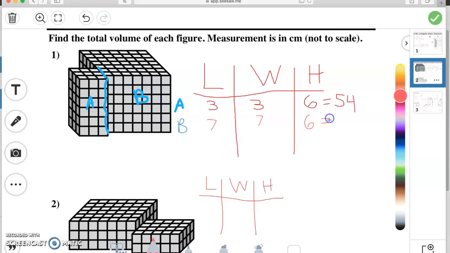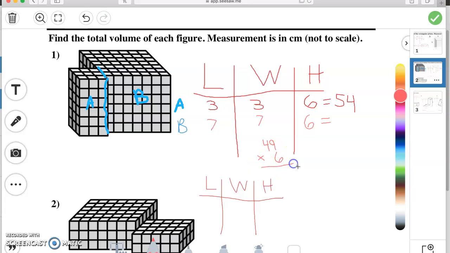All right, to find my final volume of rectangular prism B, I'm going to multiply those numbers together. So first, I'm going to do 7 times 7. I don't think there's a fast way to do this one. 7 times 7 gives me 49, so I'm going to put 49 down here. I have to multiply that 49 by the 6 over there.